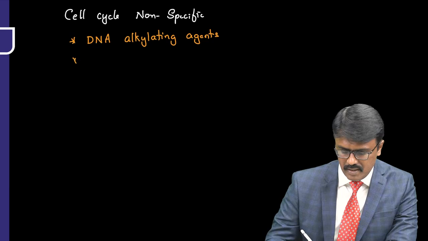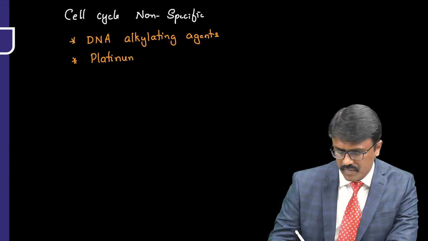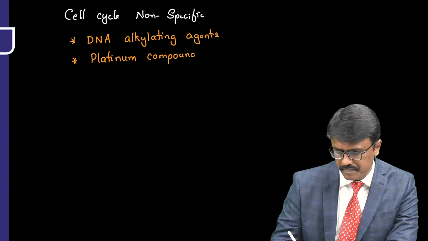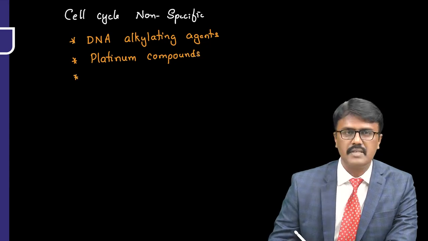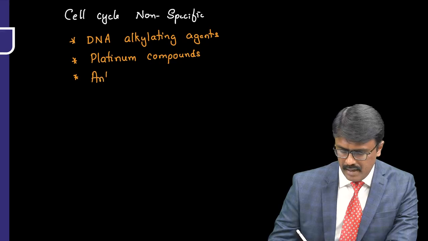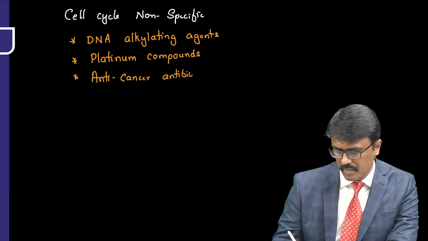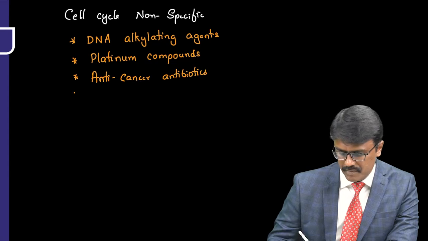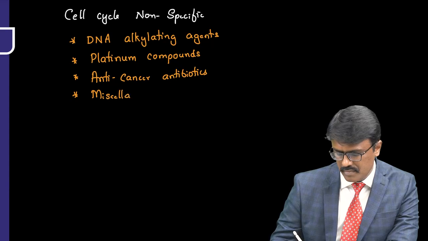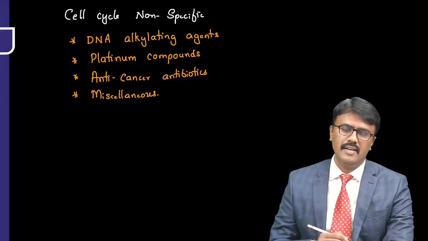Then we will be discussing a group called platinum compounds. Then we will be discussing anti-cancer antibiotics. And the last one we'll be discussing is miscellaneous. So we'll be discussing under this heading. Let us start our journey.